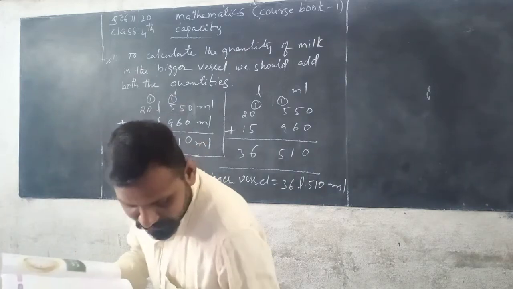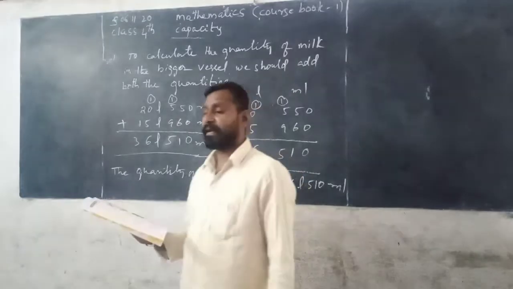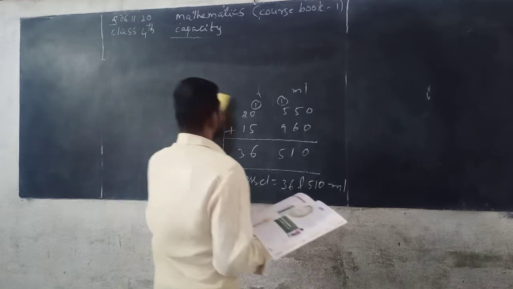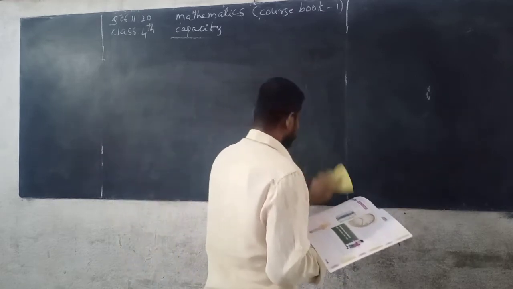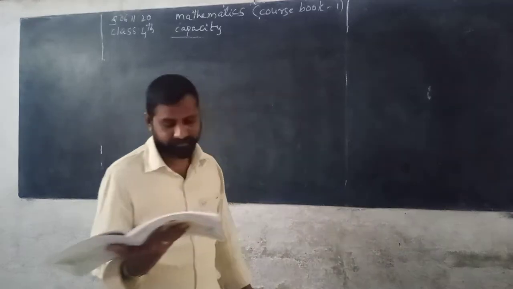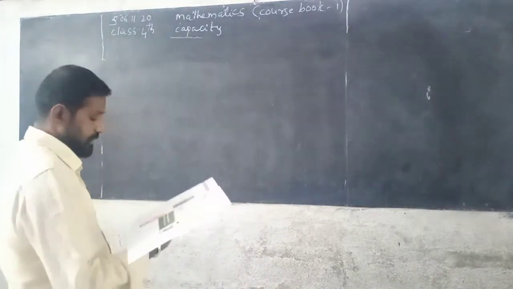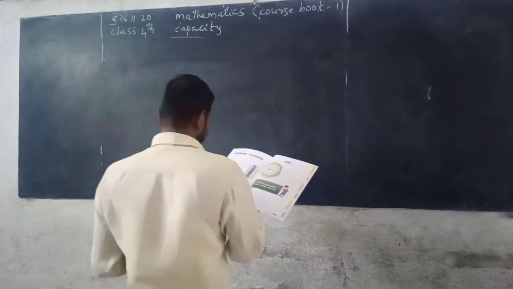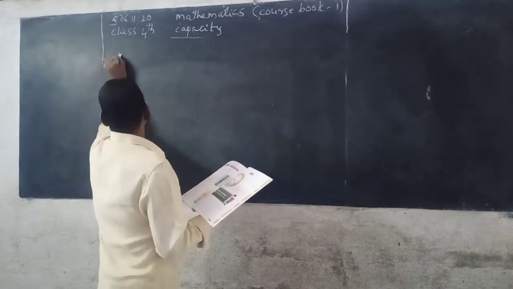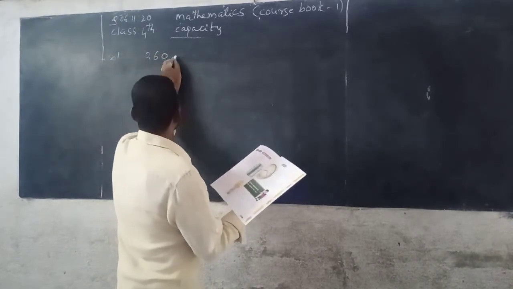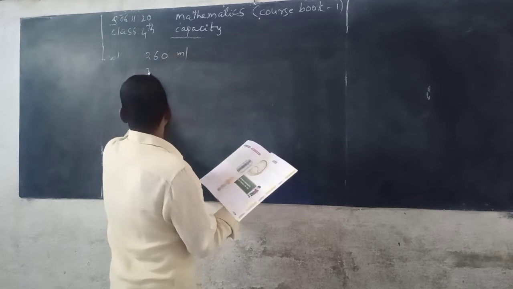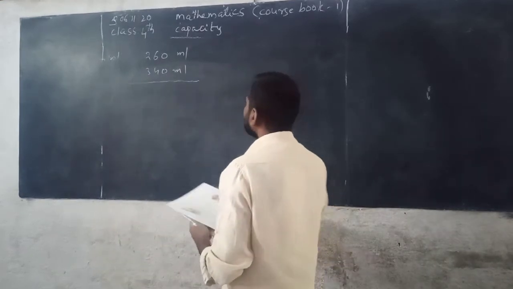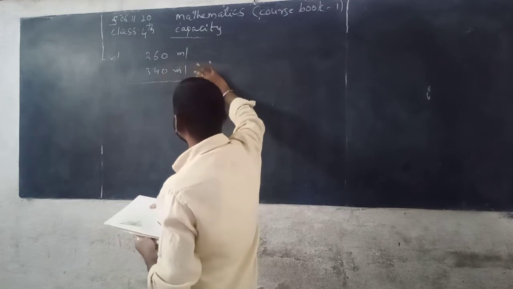See, listen carefully. First we add, next we subtract. Did you understand the problem? So first add, that is 260 milliliters and 340 milliliters. 260 milliliters of Maza given to his brother and 340 milliliters of Maza given to his sister.